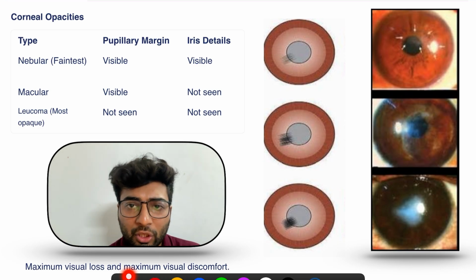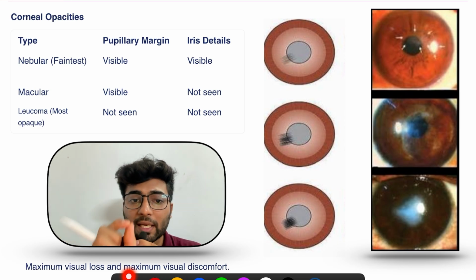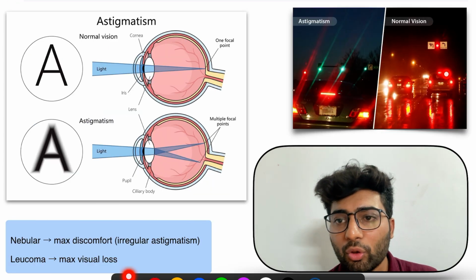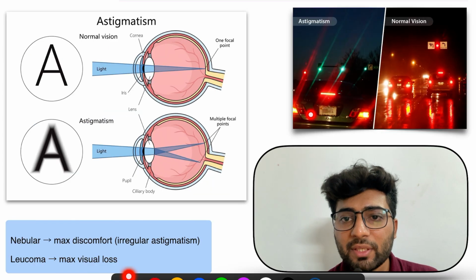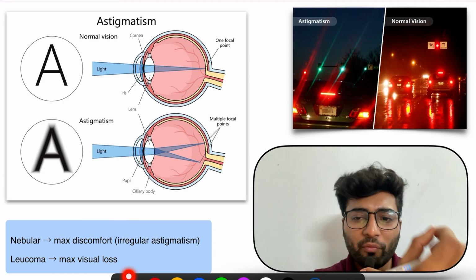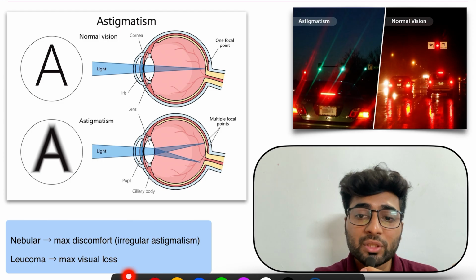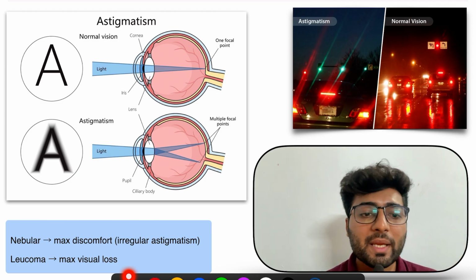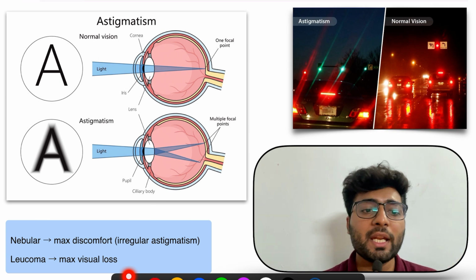Light can pass through this opacity, but light will scatter. So in this image I can see this is the normal vision, and this is the vision due to scattering of light. So in nebula the opacity is so faint that it will allow some light to pass through it, but that light will scatter. So I will have maximum visual discomfort in nebula.